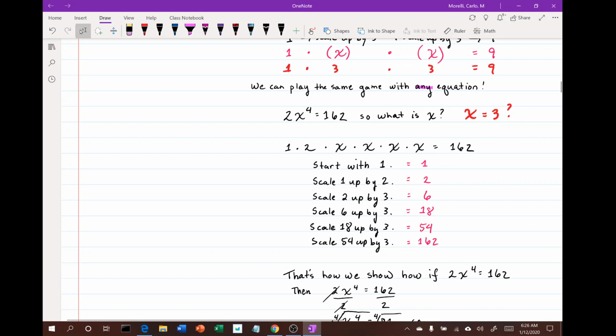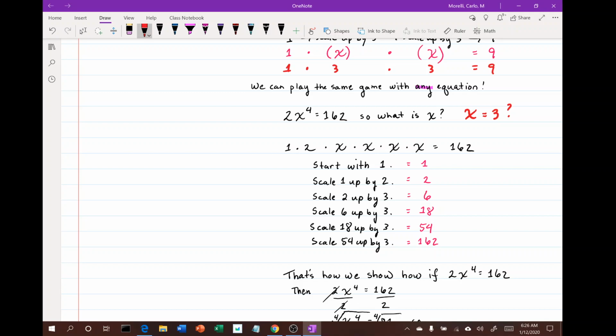So here, 2 times x to the 4th power equals 162. We're going to rewrite that. Instead of saying 2x to the 4th, we're going to say 1 times 2 times x times x times x times x equals 162.